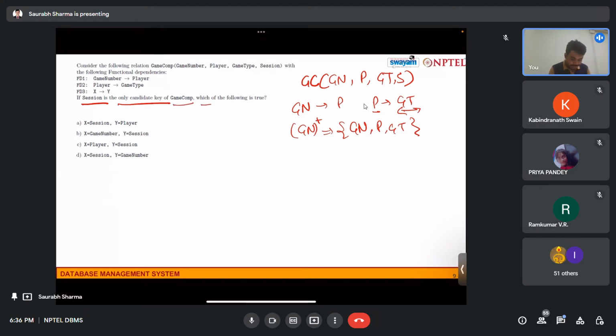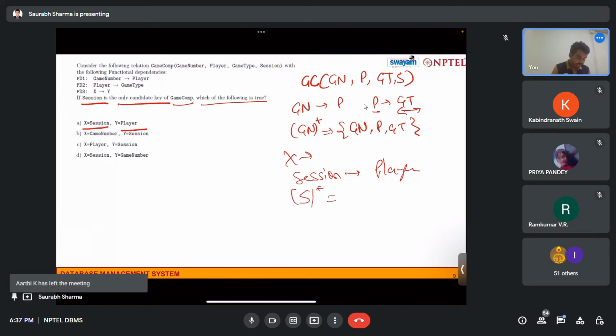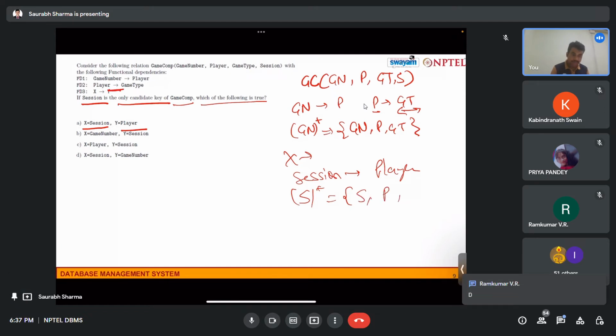Which of the following is true? If X is session and Y is player, the functional dependency says session derives player. If we take its closure, we end up with session, player, and from player we can go to game type.